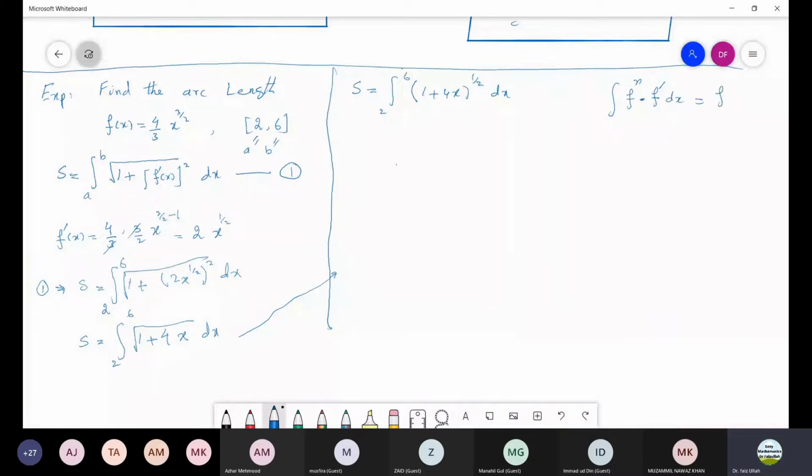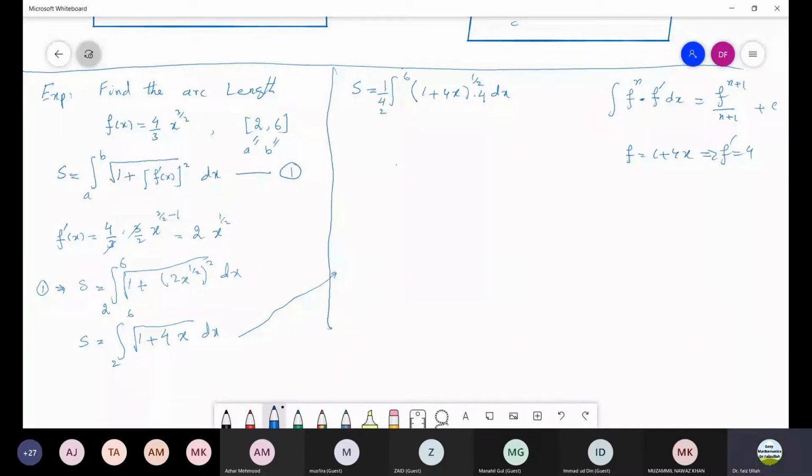Then its integration is f power n plus 1 divided by n plus 1. That is a very simple rule. Now look at here. Here f is 1 plus 4x, and if I differentiate this, its differentiation is 4. So let us multiply and divide by 4.